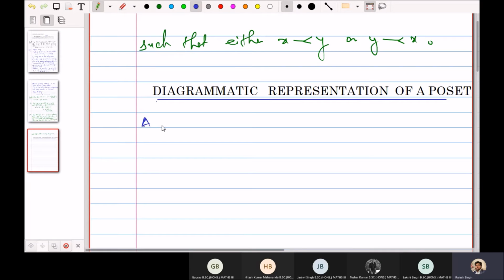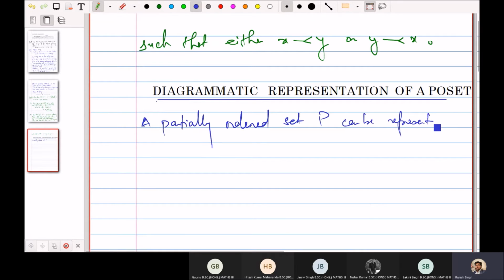So partially ordered set P can be represented diagrammatically using following configuration.